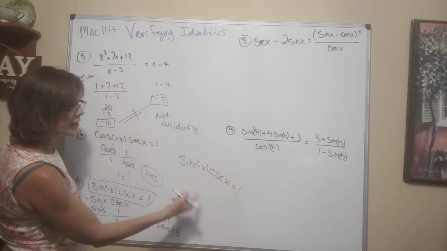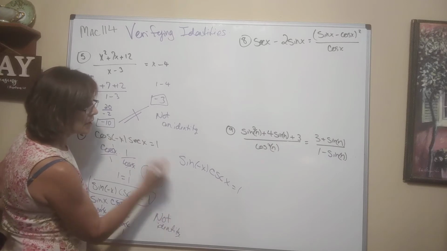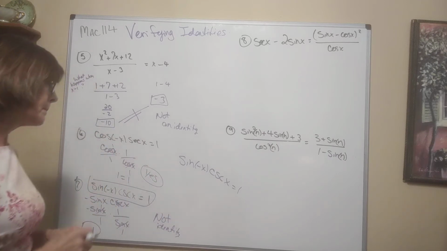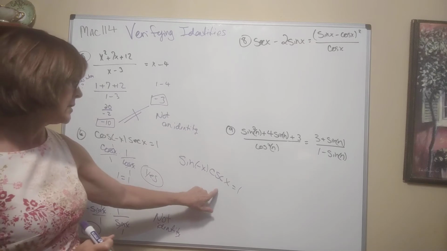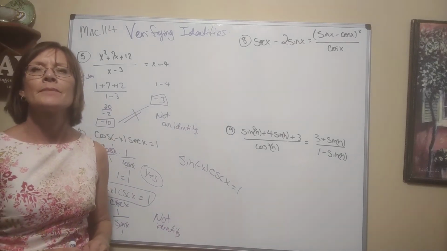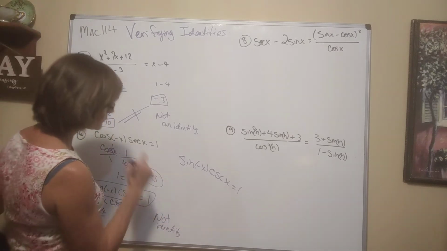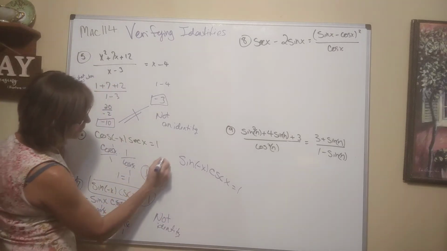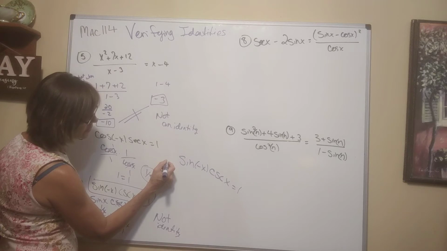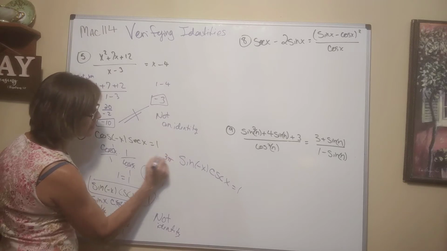I'm going to pick a value for x for which these are both defined. Maybe pi is not a good one because I think it's undefined for cosecant. So let's try pi over 2. Or let's try 3 pi over 2. Let's let x equal 3 pi over 2.